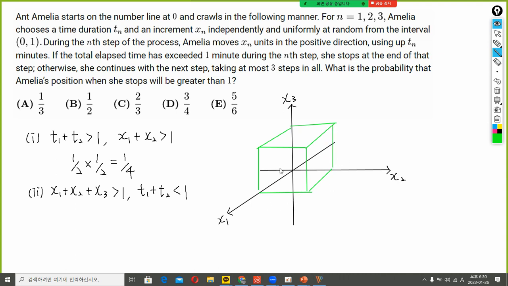This volume of a cube is the sample space for the three steps.